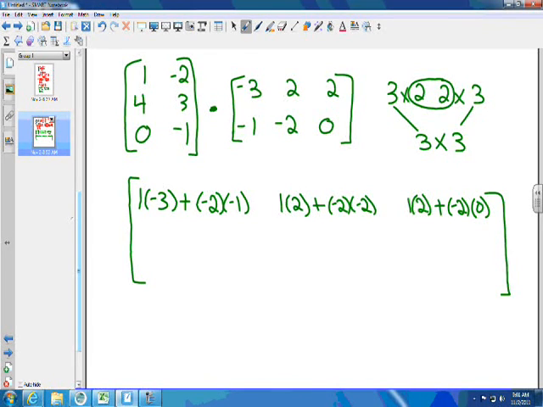And again, knowing these numbers will always be the same, you can kind of use that as you go along. You know it's going to be 4 times negative 3 plus 3 times negative 1. Those numbers are going to be the same.